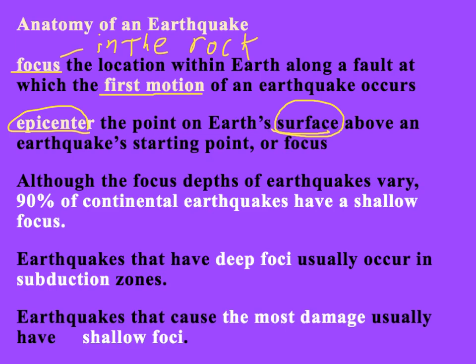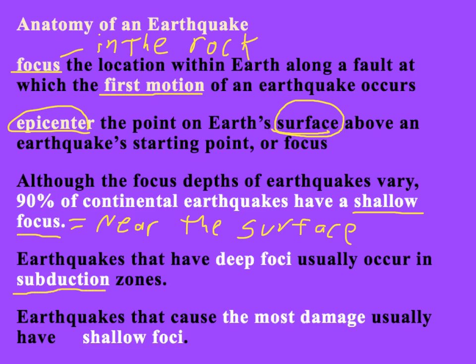For the most part, if an earthquake happens on a continent, it has a shallow focus. Shallow focus means it is near the surface of the rocks. Whereas earthquakes that are happening in a subduction zone, usually where an oceanic plate is submerging under another plate, tend to have deep foci, or a deep focus.